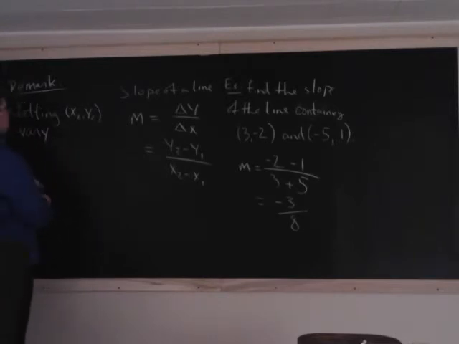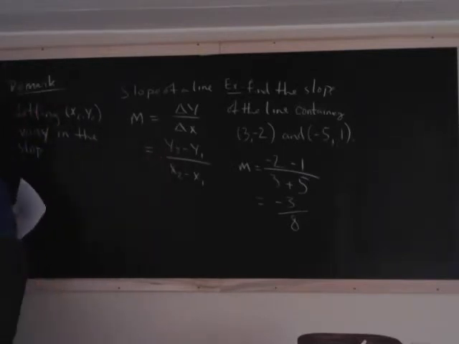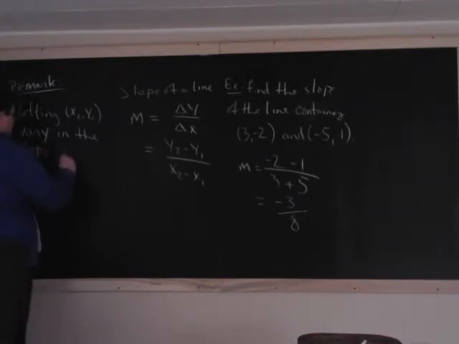Letting x2, y2 vary in the slope equation. So we're letting it vary on the line, and that would correspond to letting it vary in the slope equation. Letting it vary just means let it be a variable rather than a specific ordered pair. So letting x2, y2 vary in the slope equation gives this equation for a line.